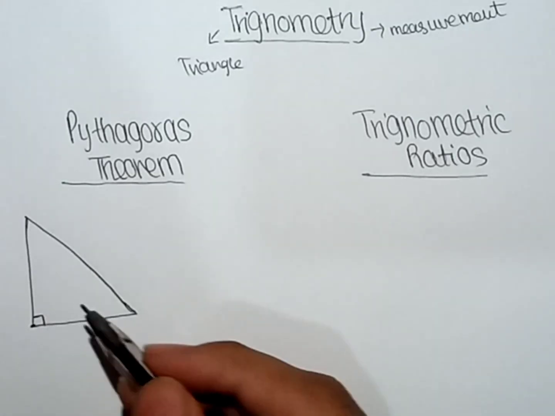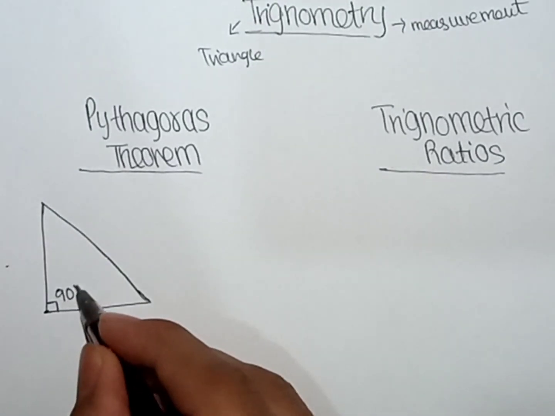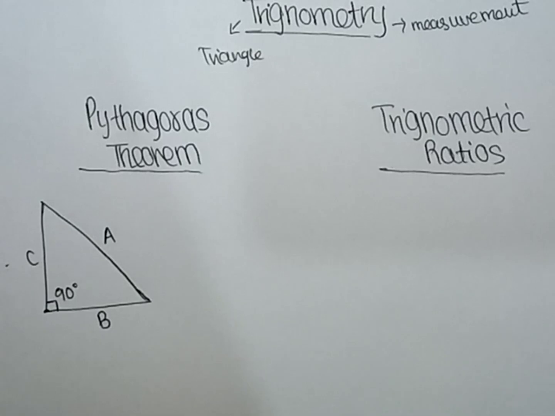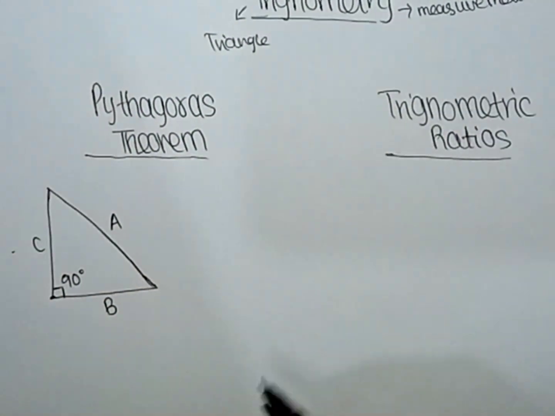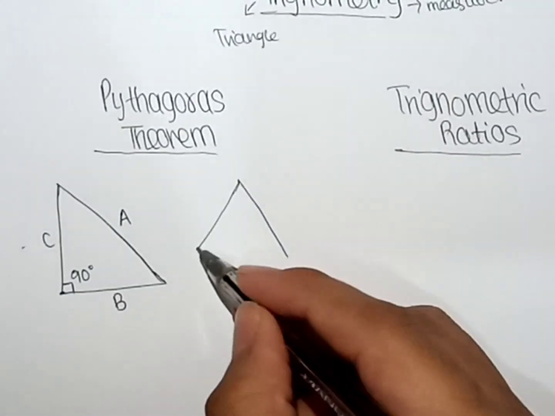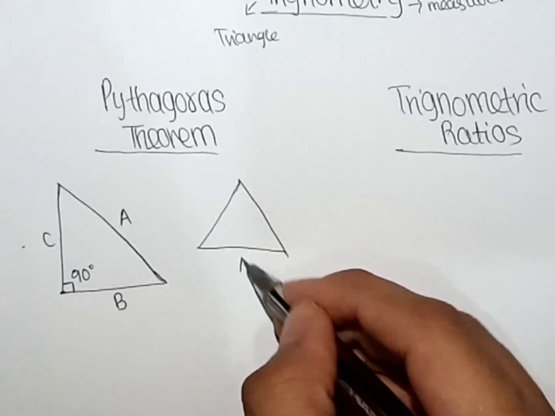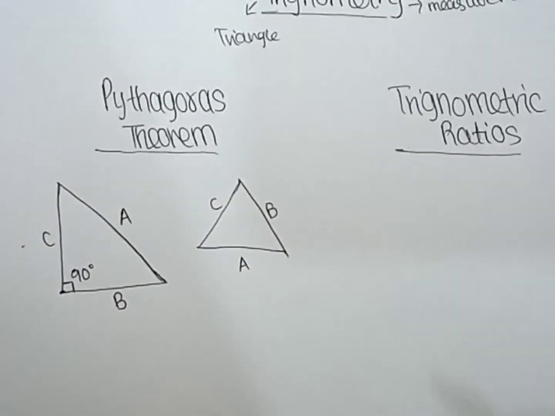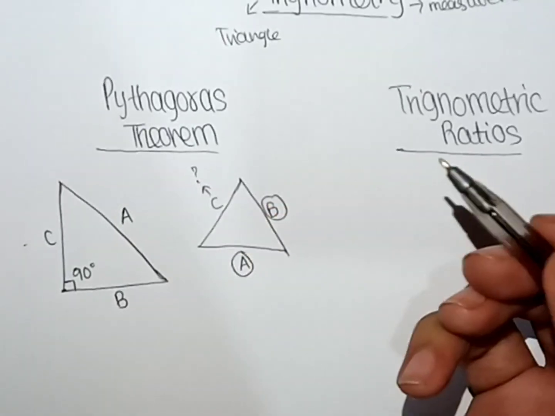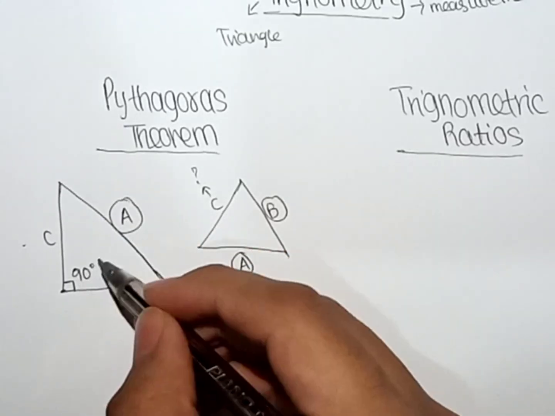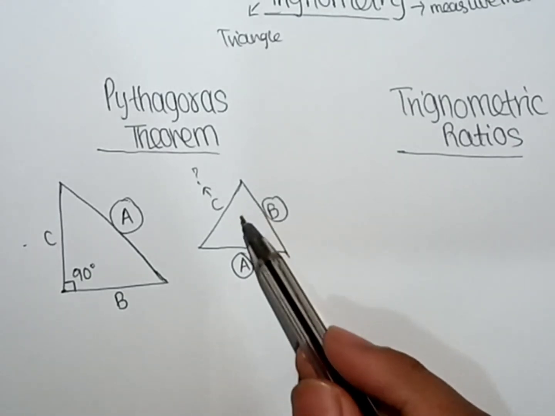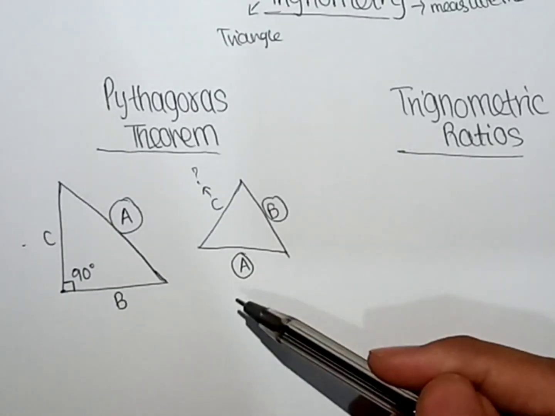for suppose this is a triangle including the 90-degree angle. Here's the A, B and C. So remember, now just focus on this figure, that whenever the triangle is given with a right angle, and from the three sides they give you only two sides and ask you to find the third side, and no angle above 90 degrees is given.